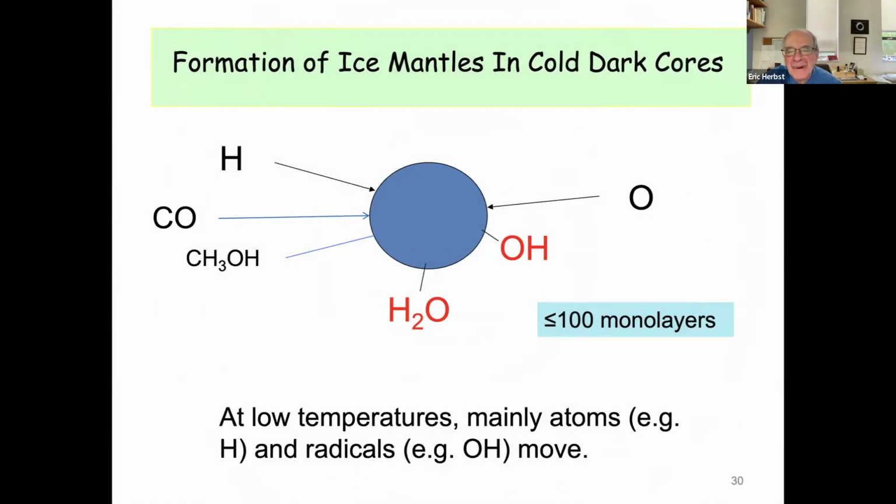And then it's much more than just two hydrogen atoms. Okay, one can have, say, CO coming down and reacting with an O to make CO2, or H and OH to make water. So these things build up, and eventually over 100 monolayers of various molecules are formed.